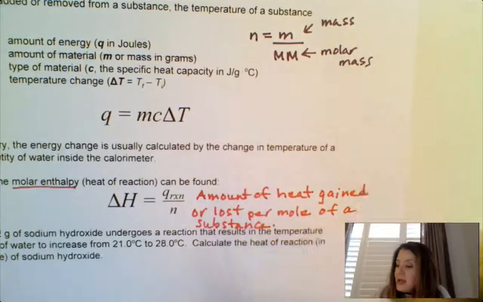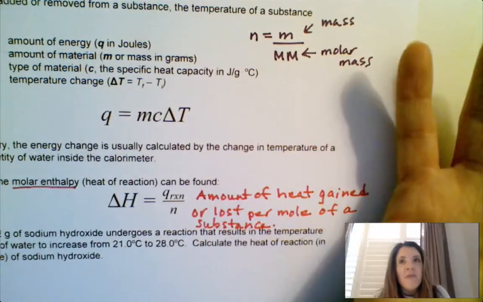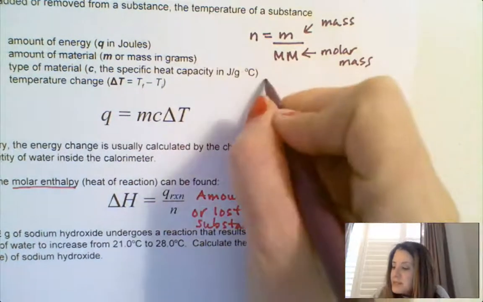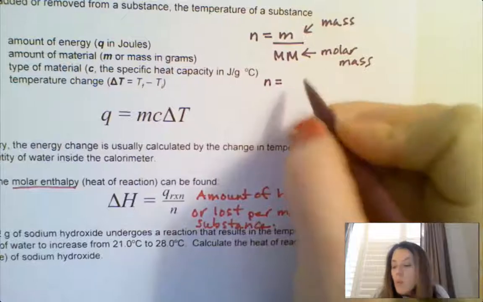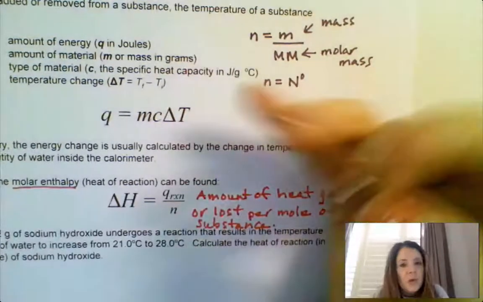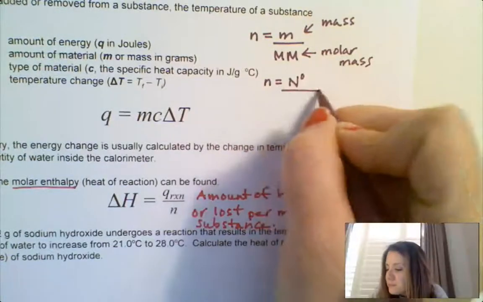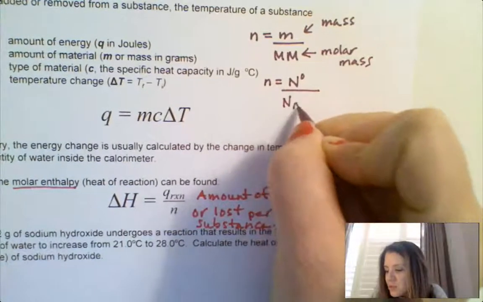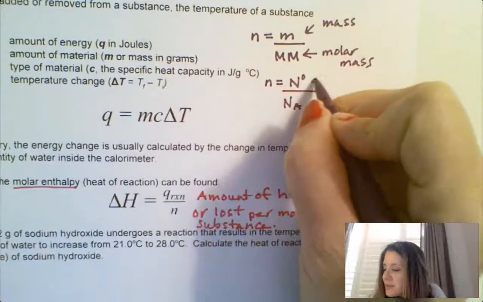The other way is if in the question they give you number of molecules or number of atoms, we can calculate moles by using this symbol, which represents number of molecules, or number of atoms, all over Avogadro's number.